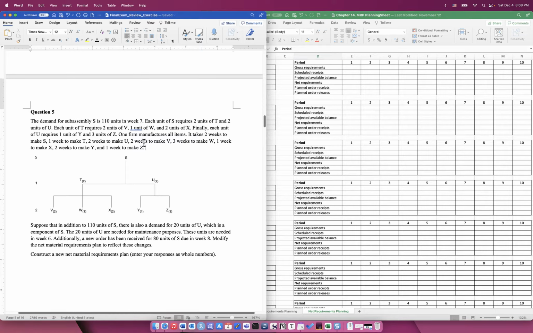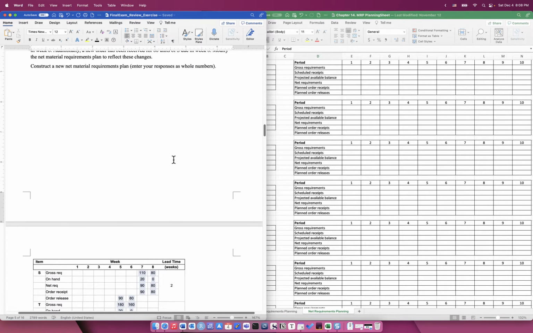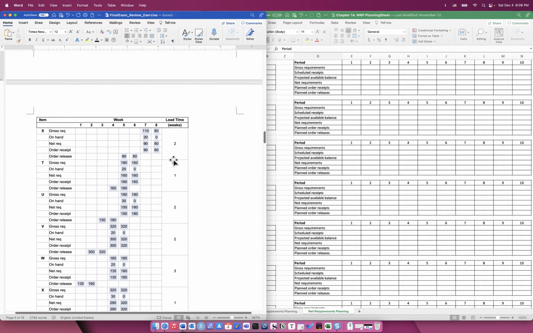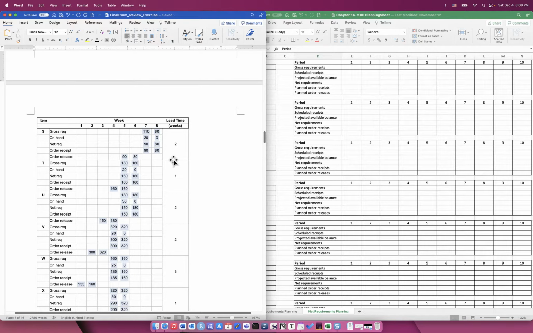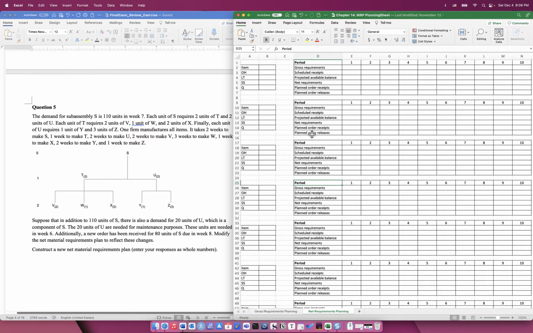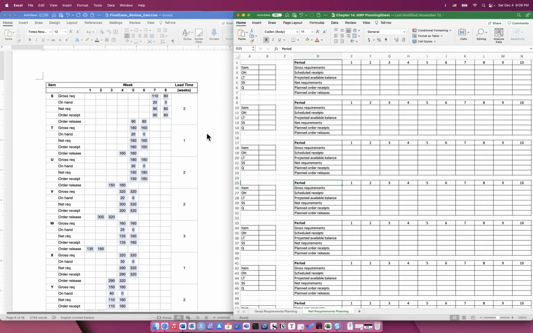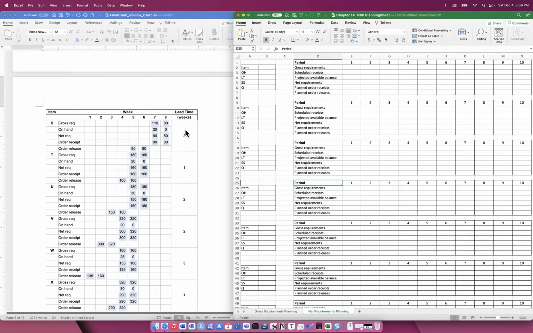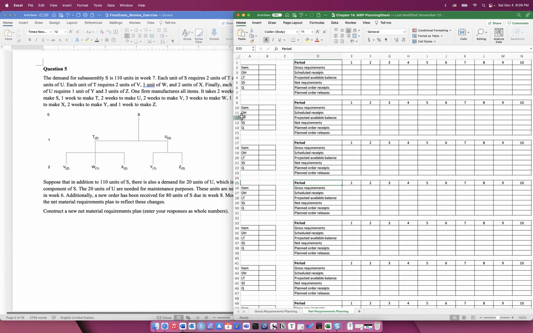In addition to that, we also need to have a clear idea about what the lead time is going to be. If you pull out the chapter 14 Excel file, this is what it looks like. You can just make your own spreadsheet from there, but I want to use mine.